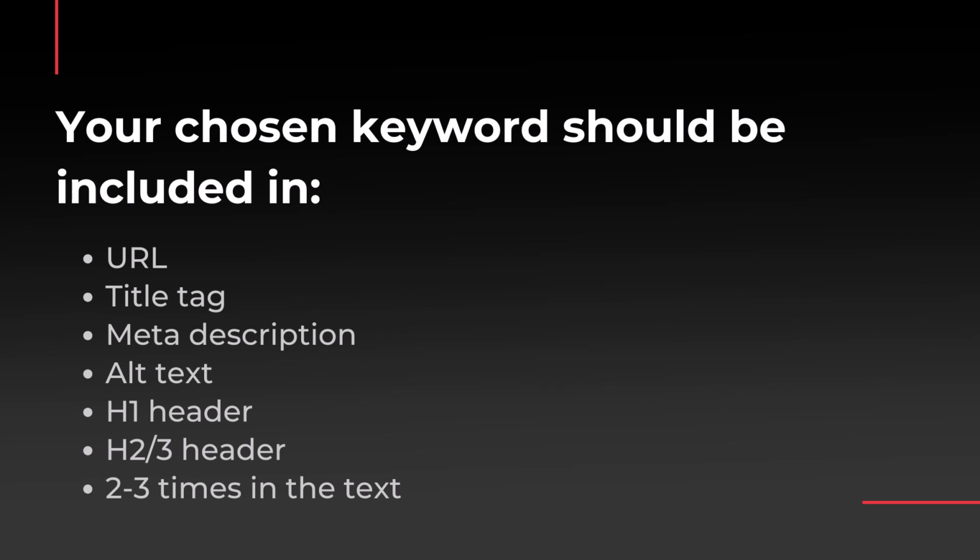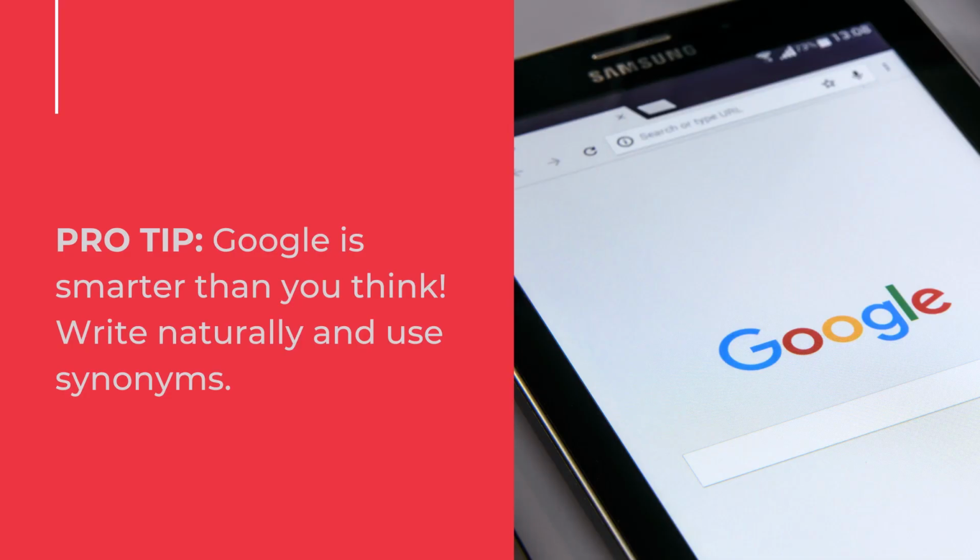It seems like a lot, and in the olden days it was. That's how we ended up with web pages that repeated the same clumsy phrase over and over. Thankfully, Google is smarter than you think. Make sure you're writing in a natural way, and you are perfectly okay to use synonyms of your keywords.